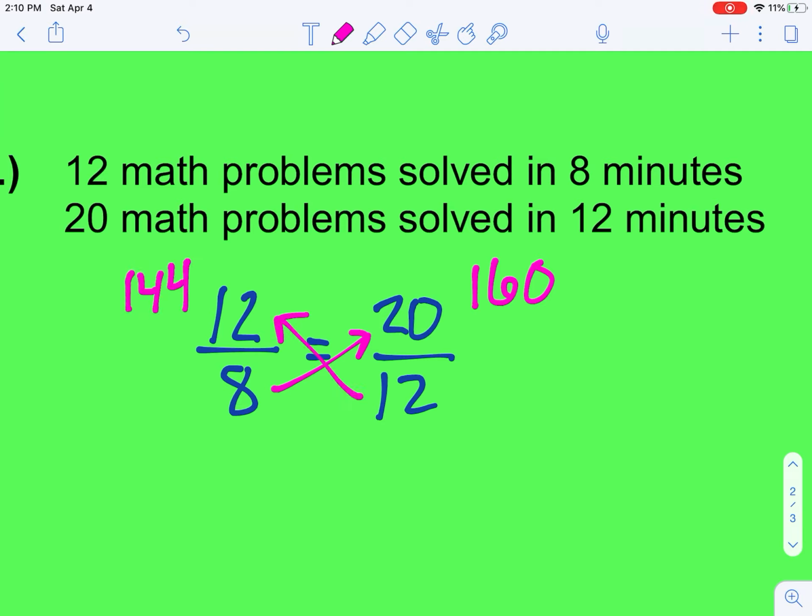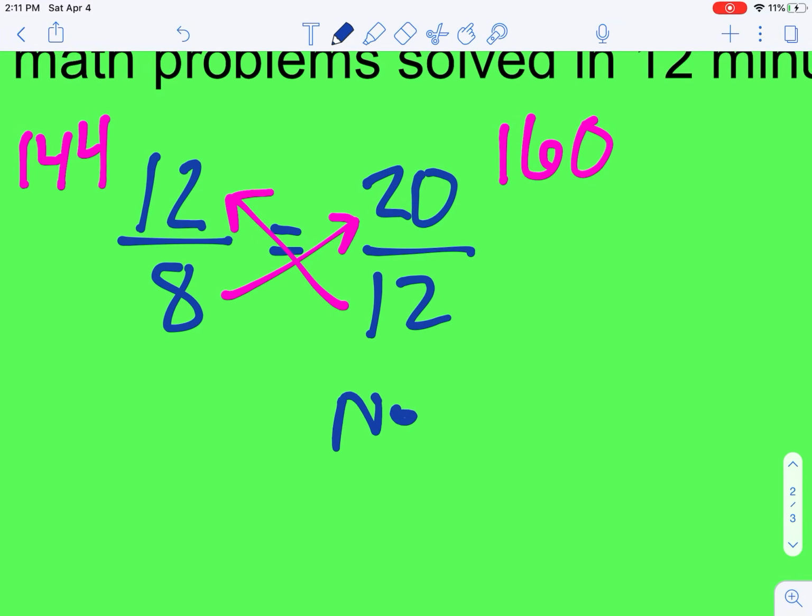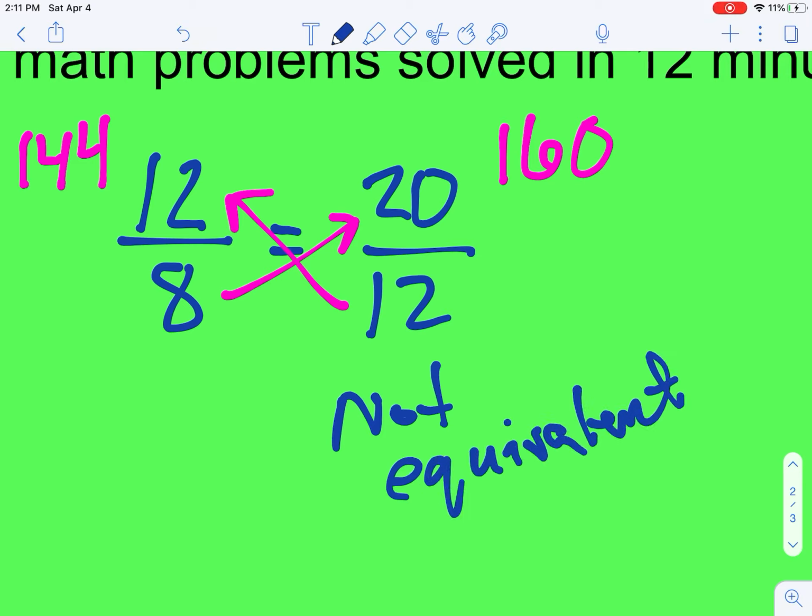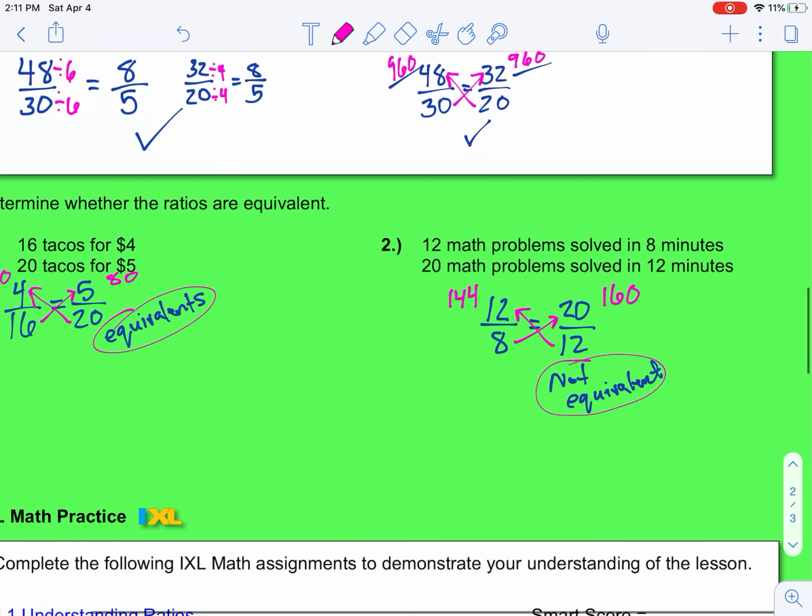Notice how those are not the same. So those are not equivalent. I would have gotten those same answers, equivalent and not equivalent, if I would have simplified the fractions as well.